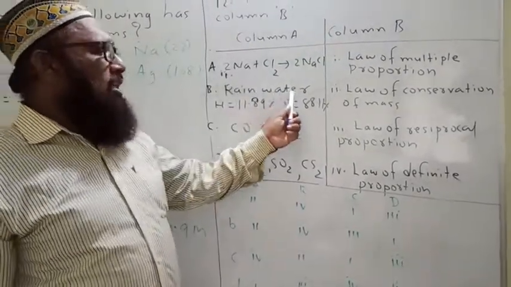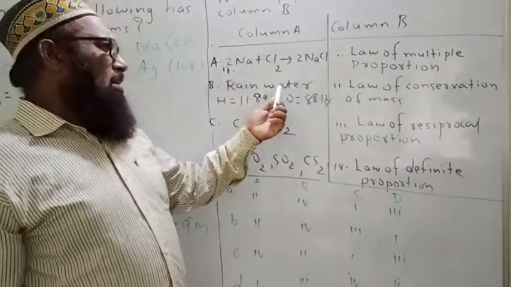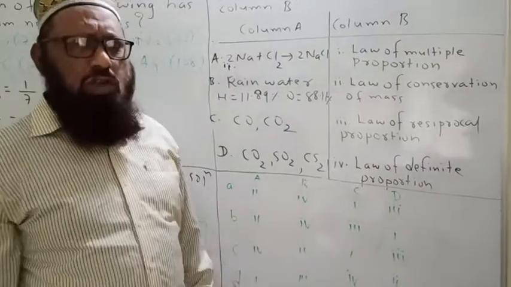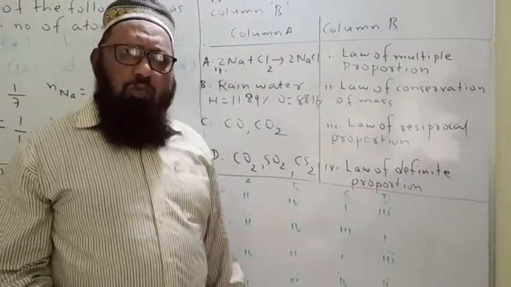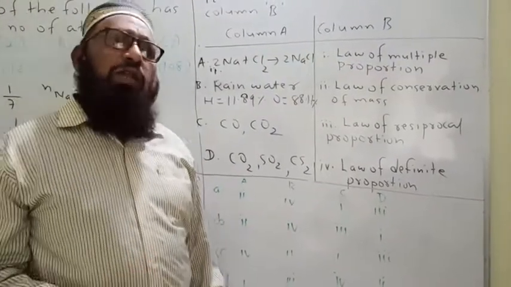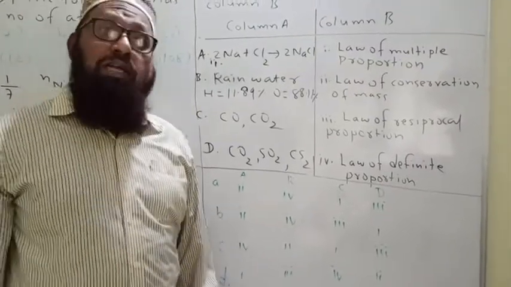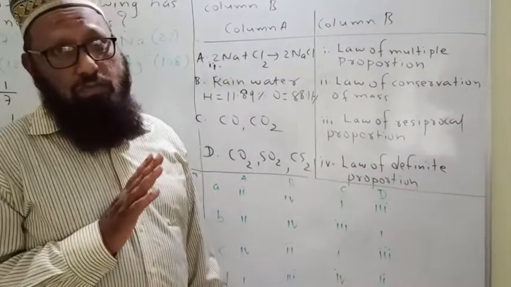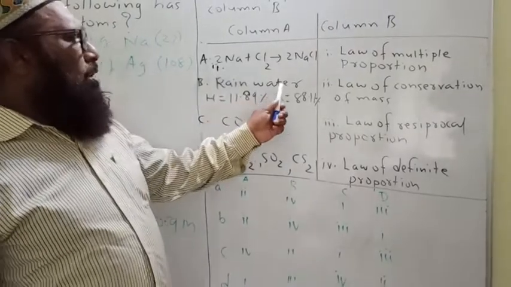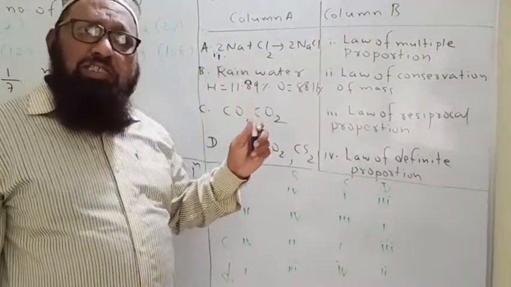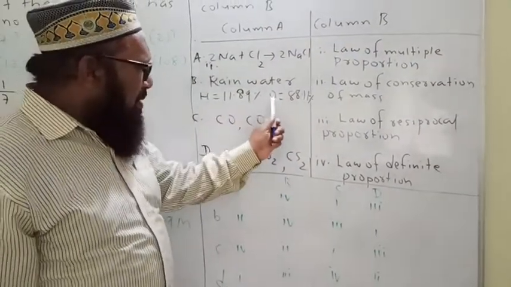Any pure sample, rainwater; there are so many sources of water: rivers, ponds, seas, rainwater, or water can be prepared in a laboratory, but the sample should be in pure form. Any pure sample always contains the same elements.